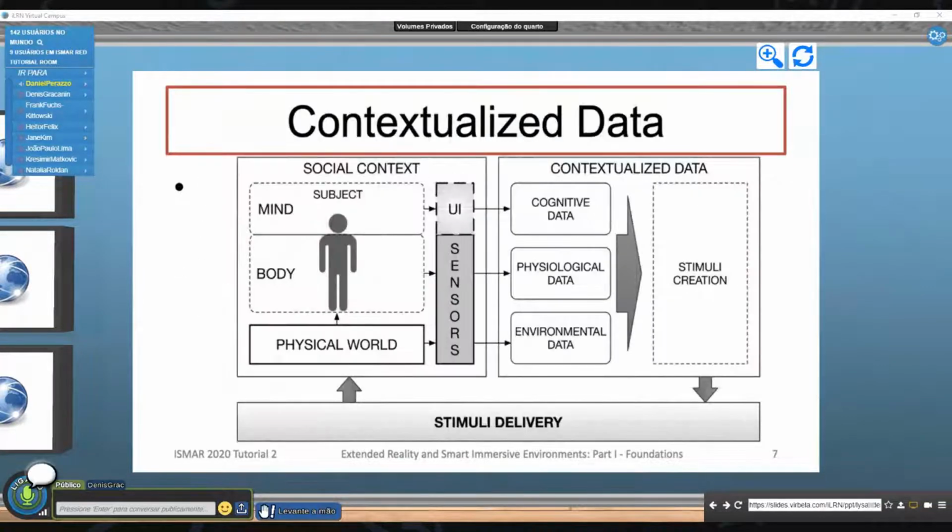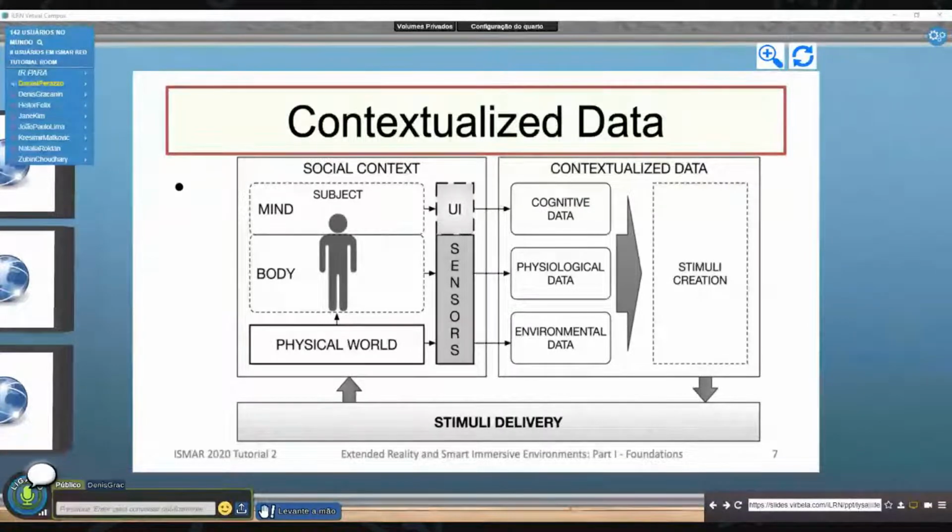So what is kind of the big picture? When we talk about contextualized data and dealing with physical world, of course we are centered around the subject of user, and that user is placed in the physical world that we can measure through sensors.